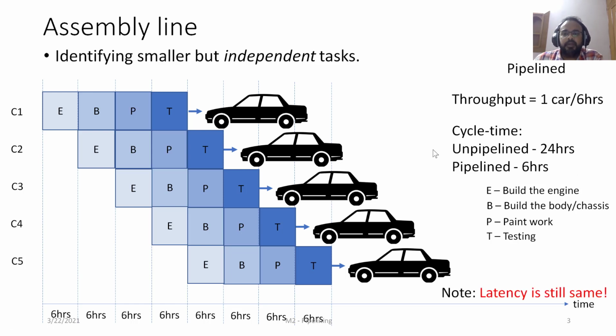Okay, it's important to note that we still take 24 hours to roll out a car. That is not changing at all, right? We still need to do the same amount of work to build a car, but we are able to work on different cars at different stages. That's where the notion of parallelism is coming in, right?